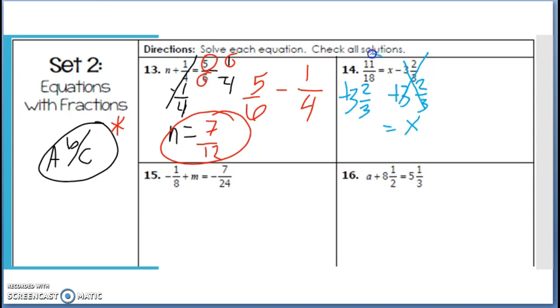So we do the first fraction, 11, hit our A, B, C button, which makes our fraction, and then 18. Then we do plus 3 2/3. So we type in 3, hit our fraction button, 2, and then hit our fraction button again, and then type in 3.